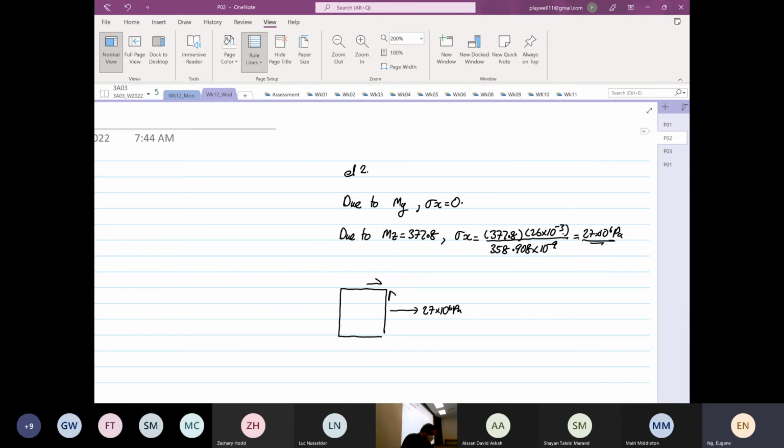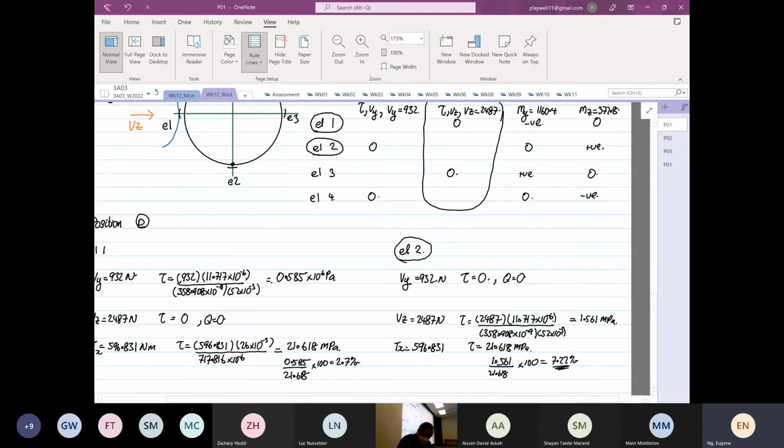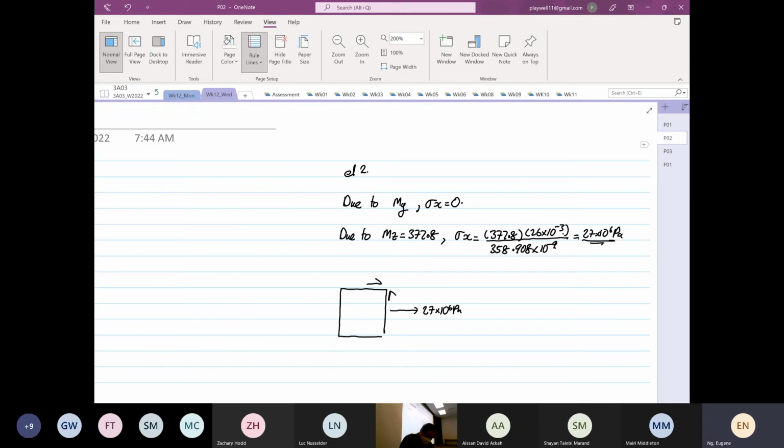One of the shear is 21.618 times 10 to the power 6 Pascal.